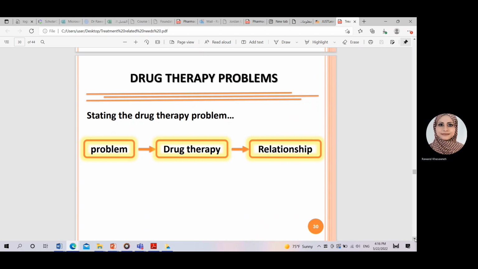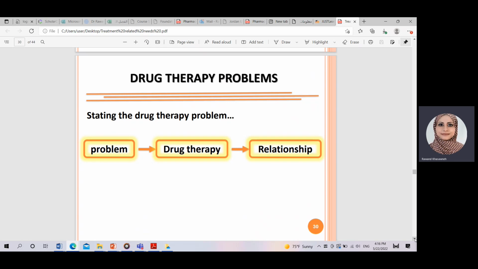The second component of a drug therapy problem is the drug therapy that is involved in the DTP. The third component is the relationship between the undesirable event and the drug.